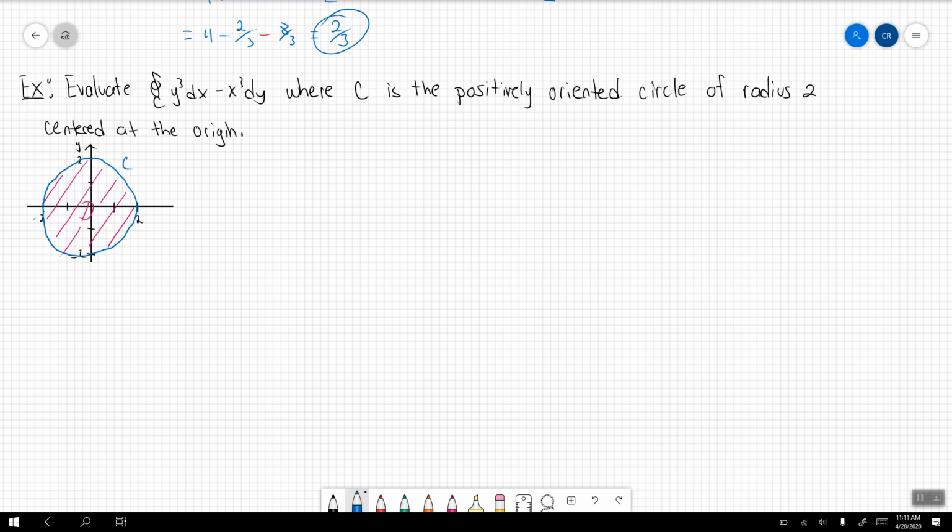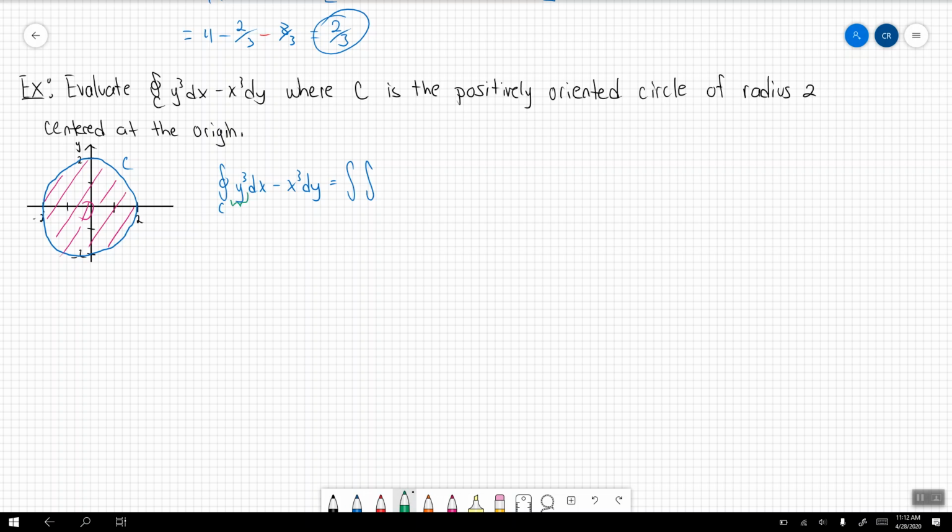So when I want to solve this line integral along the curve, y cubed dx minus x cubed dy, instead of doing the parametrization along the curve, I'm going to look at the double integral over that region. So I'm going to identify what's my p and what's my q, and then go from there.